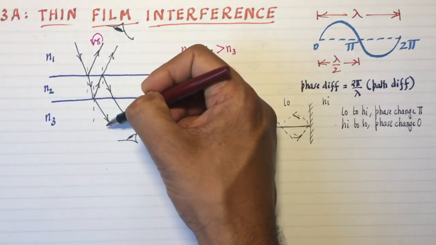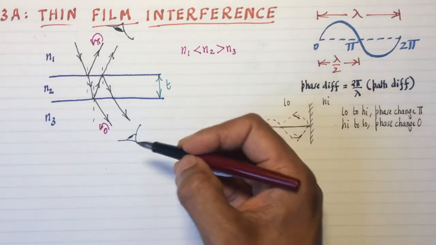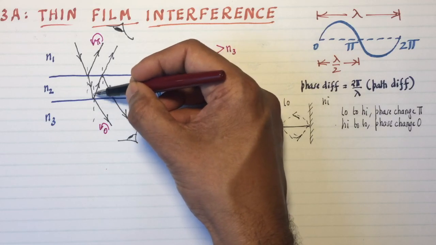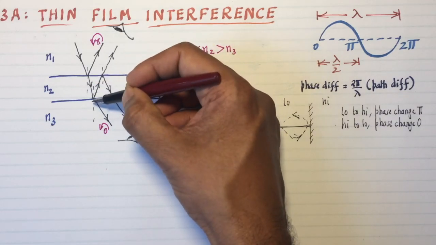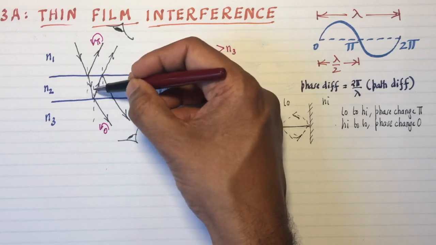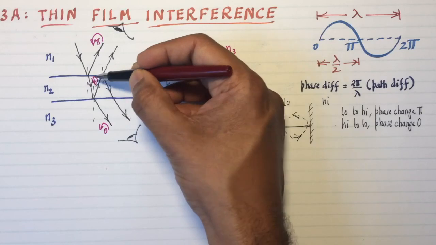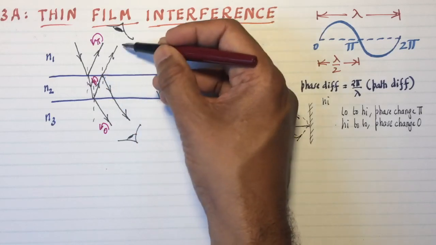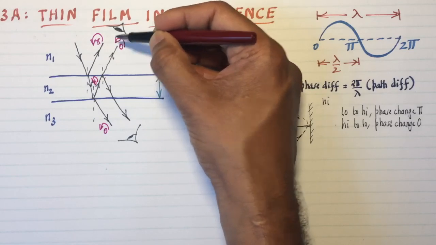High to low, phase change 0. So this has no phase change. Now what about this one? Here it's going to reflect. The transmission ray has no phase change anyway, and then it's going to reflect here because it's high to low, phase change 0. So we'll put that there. And then here it transmits through. If it transmits through, it's got no phase change, so it's 0.